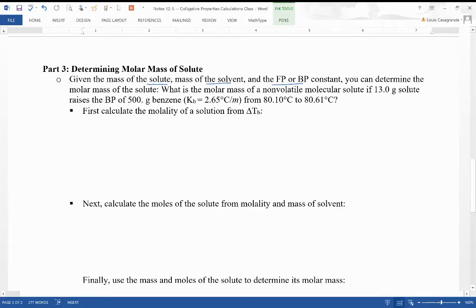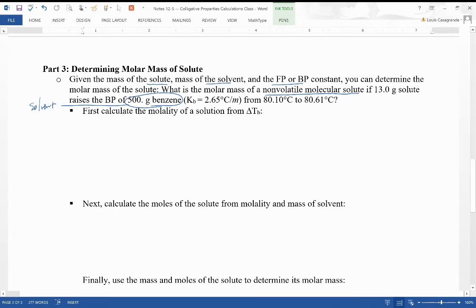And by the way, these two problems are where you might be seeing some non-aqueous solutions, and that's what we have here. So we have now benzene as our solvent, and we have an unknown non-volatile molecular solute.